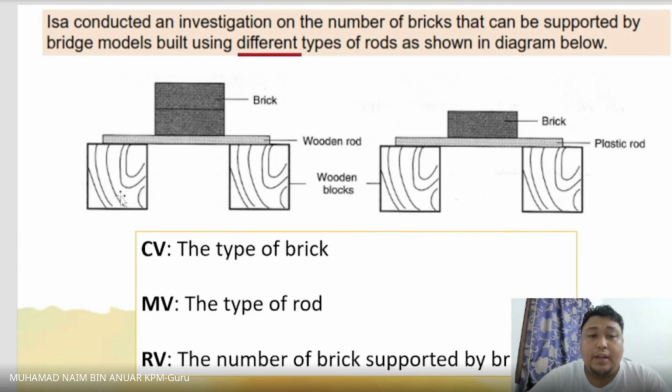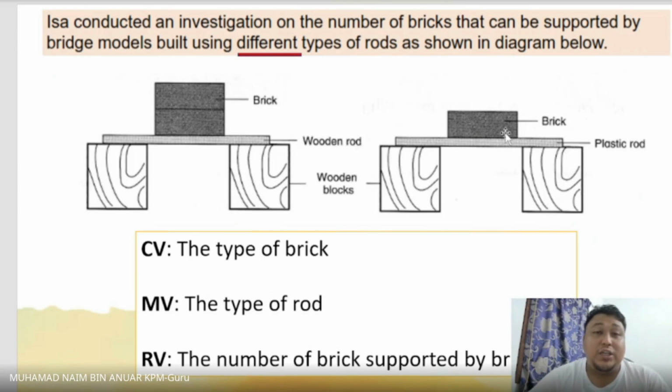First, the number of wooden blocks in both experiments is the same. 2 wooden blocks versus 2 wooden blocks, same. The number of wooden rod and plastic rod is also the same. But the number of bricks is different. And straight away, you get the RV, responding variable.